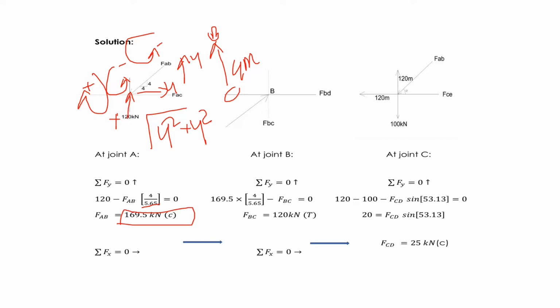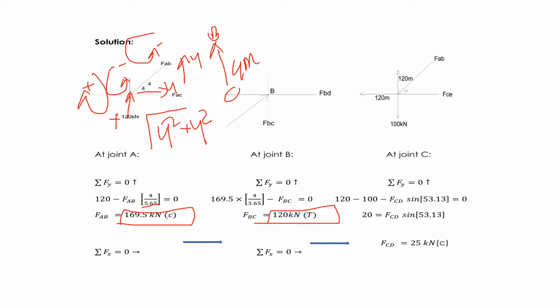So we have to find FBC. The same formula is applied for joint B: 169 FAB times 4 over hypotenuse 5.65 minus FBC. So we get 120 kilonewton, a tension member force.